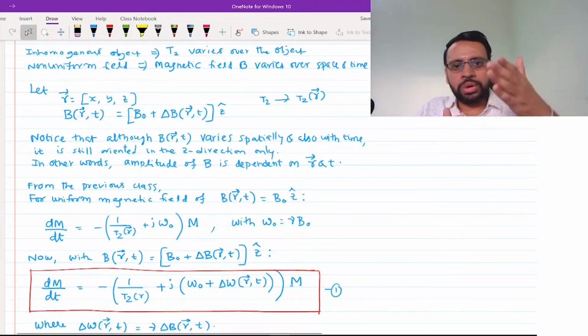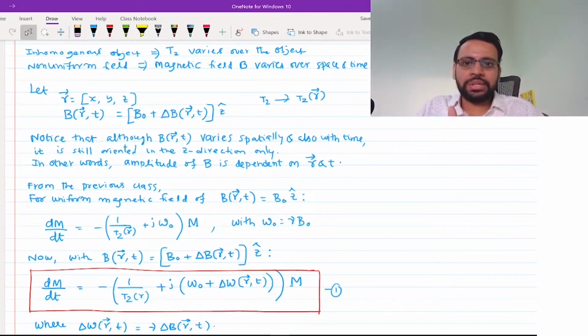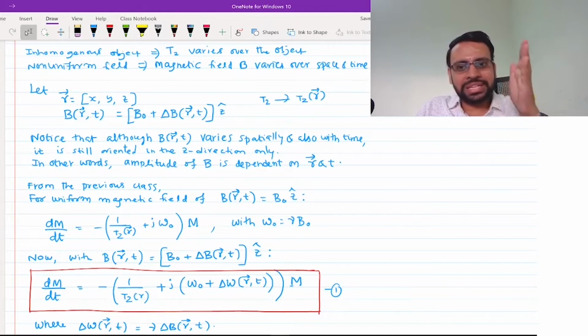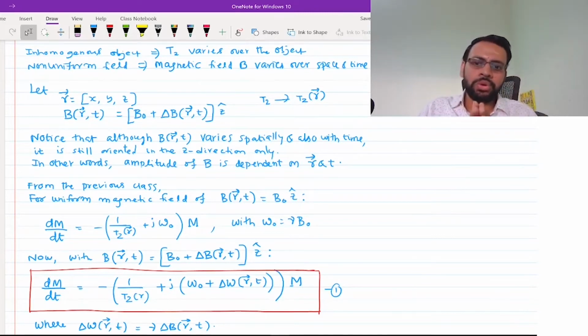What we are now going to newly add here is, let's call it delta B of R bar comma T. There is a new function that we are adding here, delta B of R bar comma T. As the parameters of the function indicate, delta B is a function dependent on X, Y, Z as well as T. That's what we are now going to take a look at.